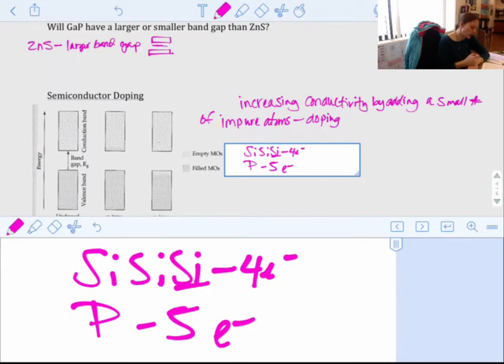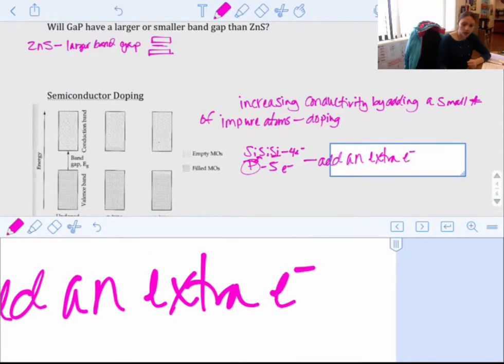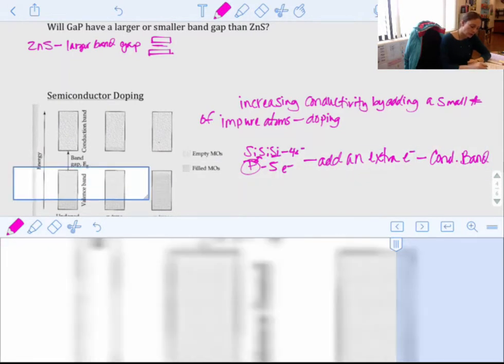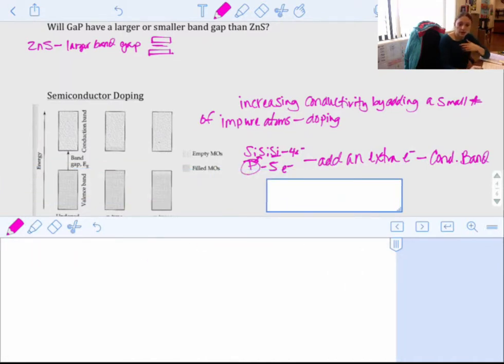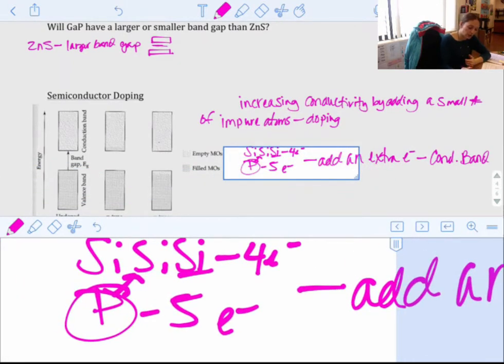So if I dope in a little phosphorus instead of one of those Si's, you're adding an extra electron, and that extra electron is forced to go into the conduction band, which is what makes it more conductive. One of those extra electrons from phosphorus gets pushed up into the conduction band, and now it can conduct electricity fairly well.